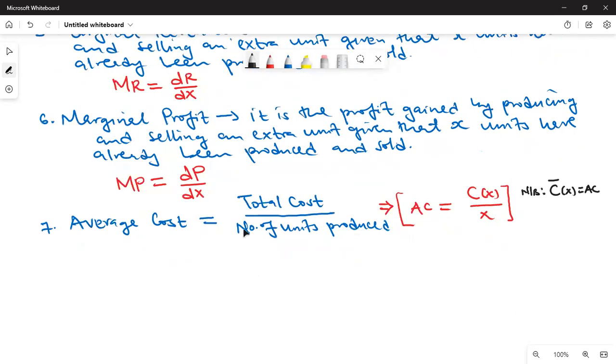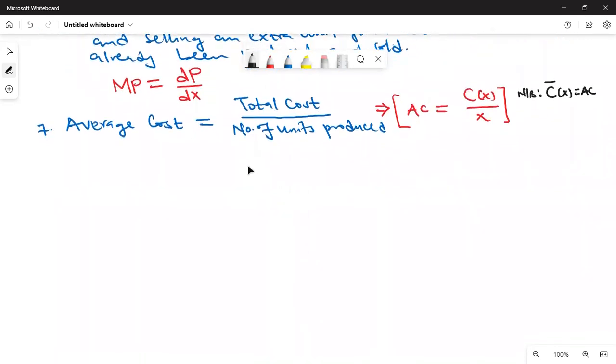Now, we also have average revenue. That's number 8. Average revenue. This is given by, now let me explain average revenue.